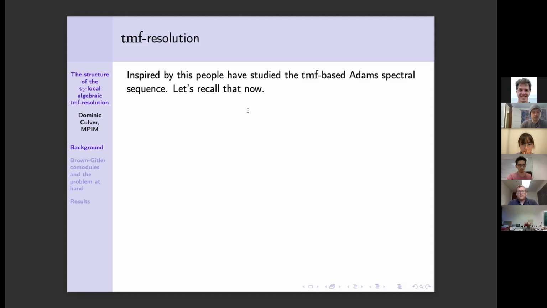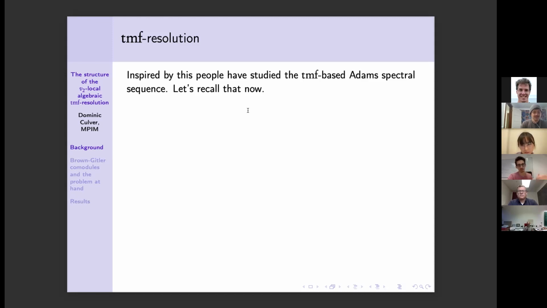So a lot of people have thought about it. And it's done some very interesting things, but if you read any of these papers, you'll realize it's a very complicated object.